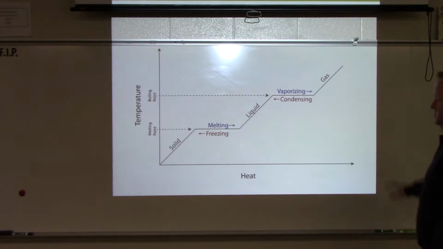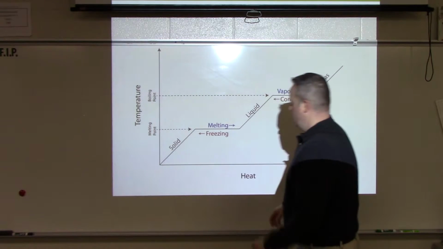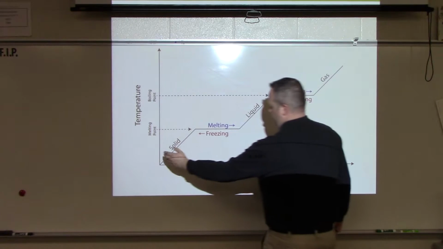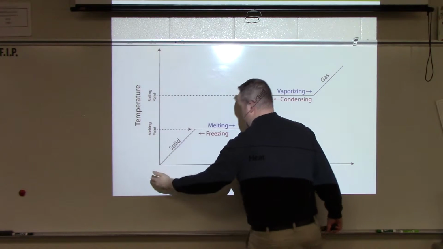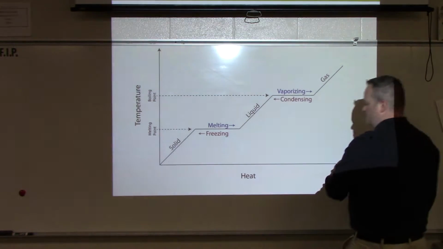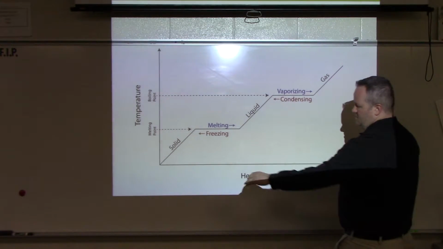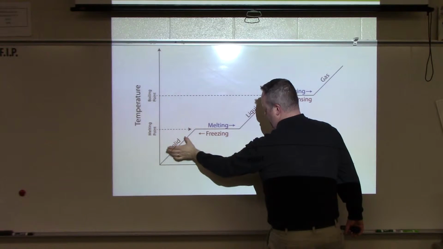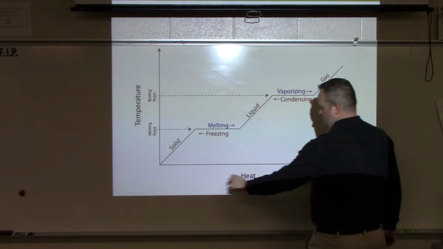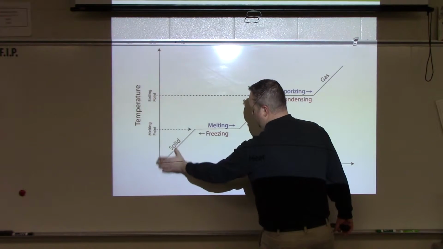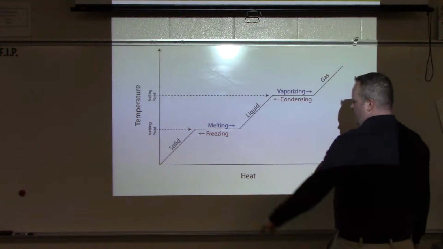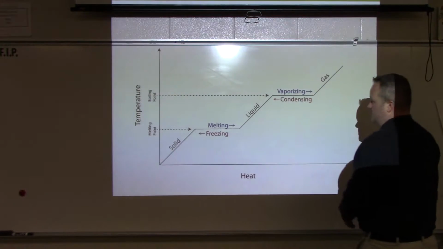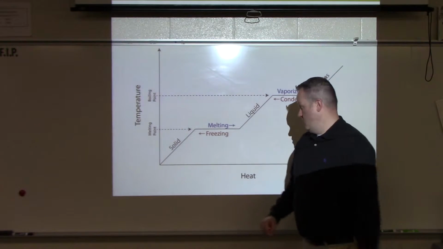So this is something that you've seen earlier in the year. What we have here is essentially the temperature of the substance, and this is the amount of energy that we add to it. And we can see that with lower temperatures, we're going to have solids, sometimes liquids, but definitely solids are at the lowest part of the temperature scale on the y-axis. As we add energy, you can see that two things can occur.